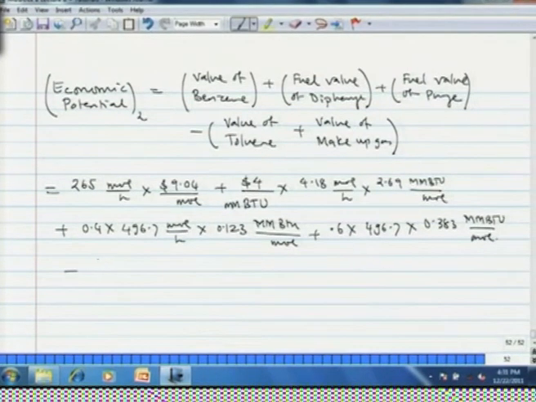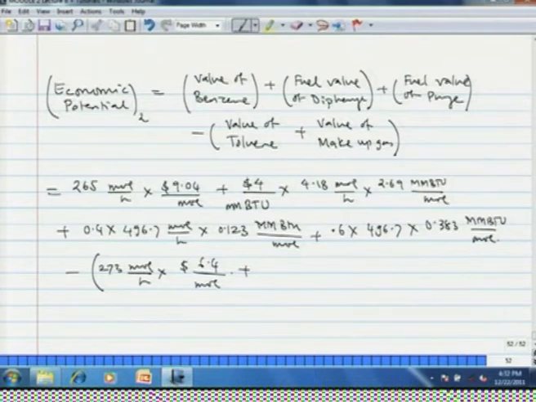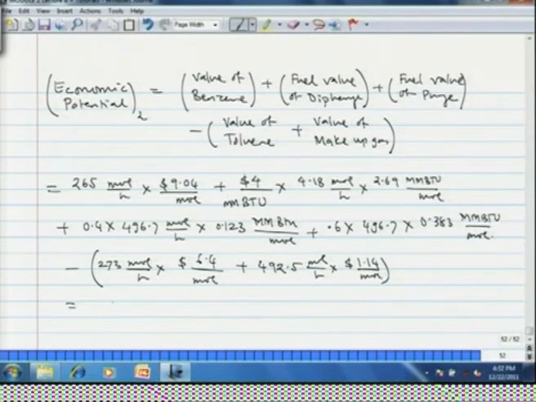Now minus the cost of toluene, that is 273 mole per hour into $6.4 per mole, plus the makeup gas, which was 492.5 mole per hour into $1.14 per mole, and then if you do this, you get the economic potential as $683.9 per hour.